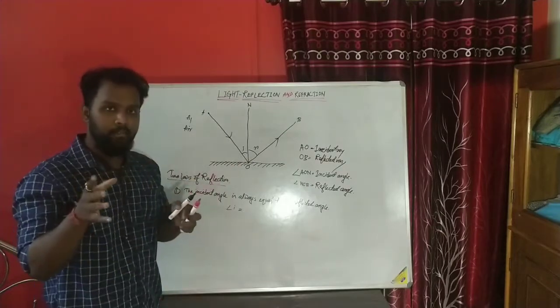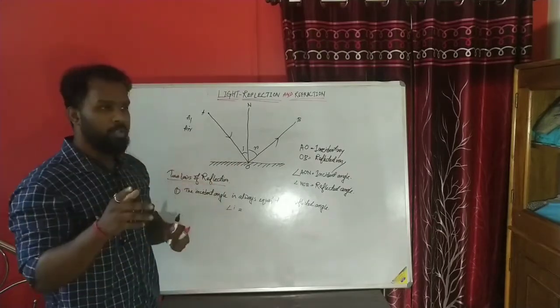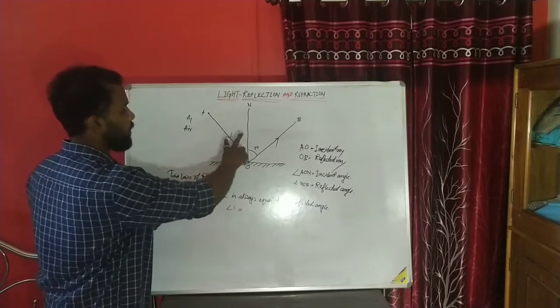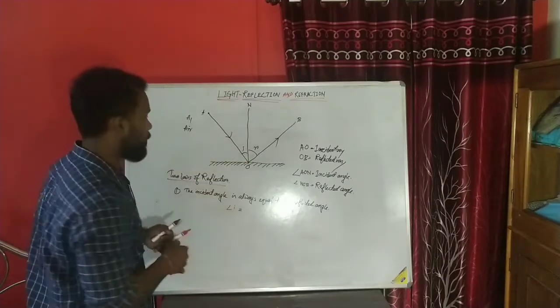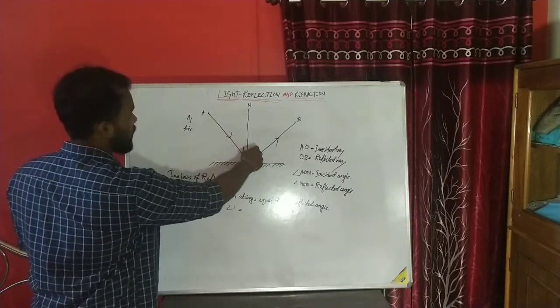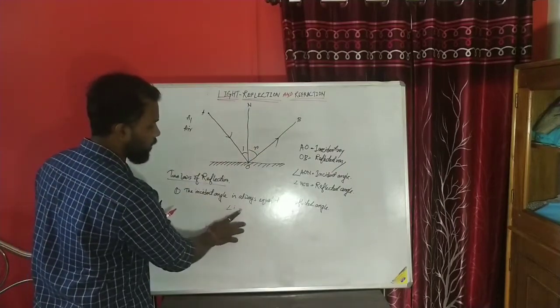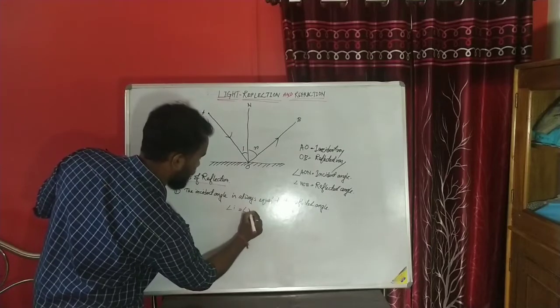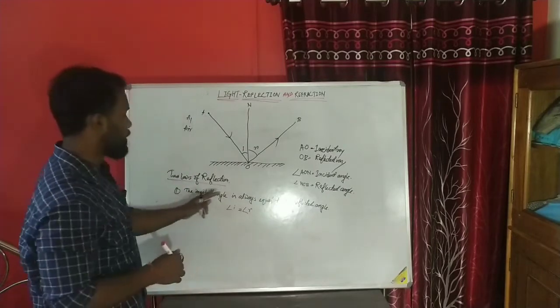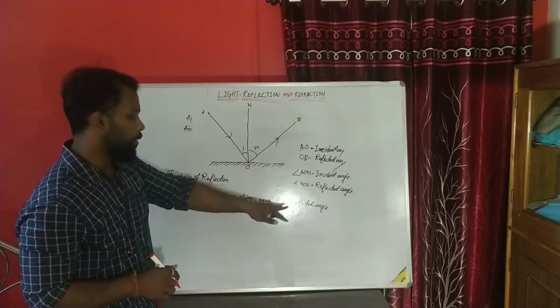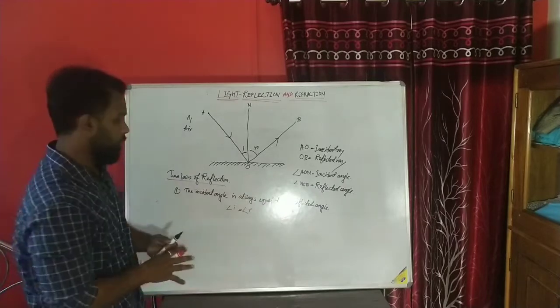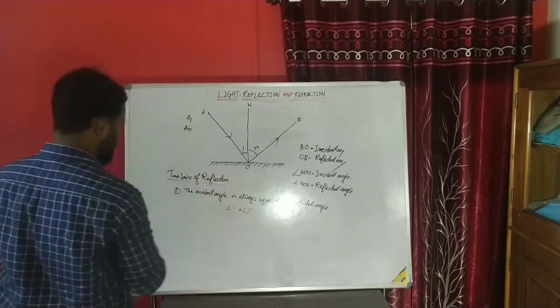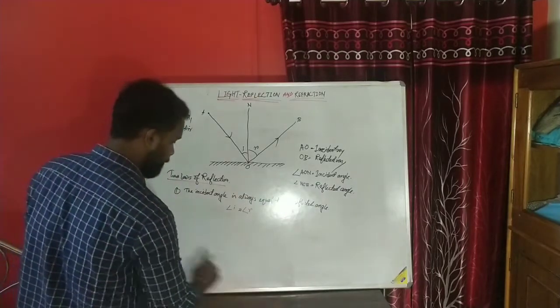Once you draw in an exam or in a book, always make these two angles the same. This angle is always equal to this angle, that's why we give an equal sign. The reflected angle is denoted by angle r. That means the incident angle is always equal to the reflected angle. Again, this is the second law.